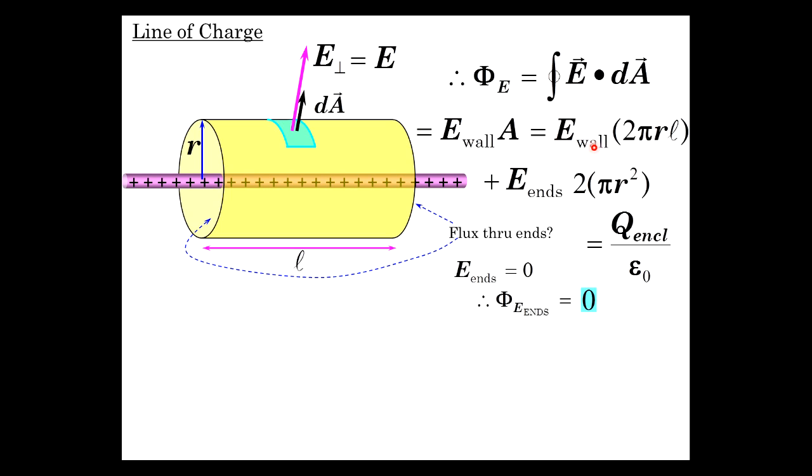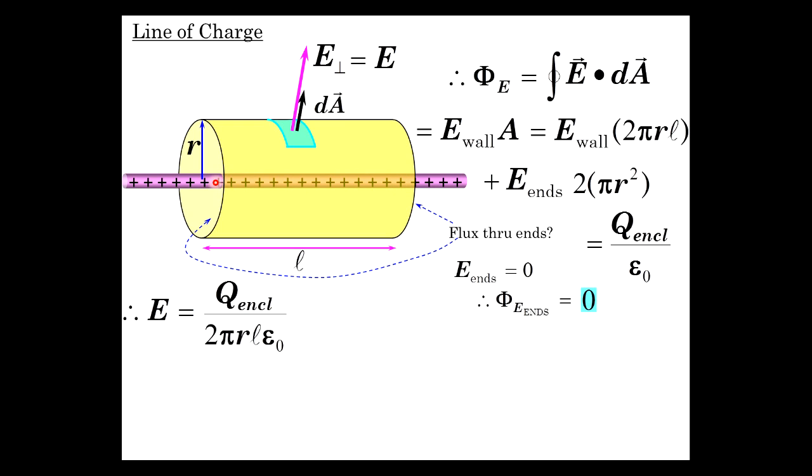So E of the wall, 2 pi r L, is Q enclosed over epsilon 0. Let's solve for E. Very simple. E is Q enclosed over 2 pi r L epsilon 0. Well, what is Q enclosed? Q enclosed is not the entire charge of an infinite line, because that would be infinity. Rather, it's the amount of charge enclosed by the Gaussian surface. So it's very, very finite.